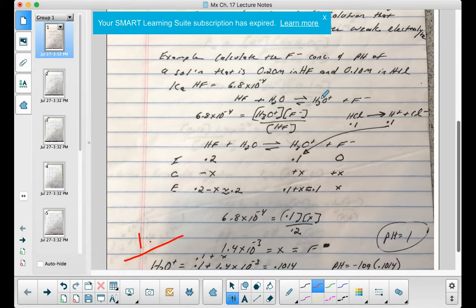It's going to react with the water to produce the hydronium ion, H3O+, and the fluoride ion. So we know that the equilibrium expression, or the Ka expression for this weak acid, is hydronium ion times the fluoride, so my two products over my one reactant.